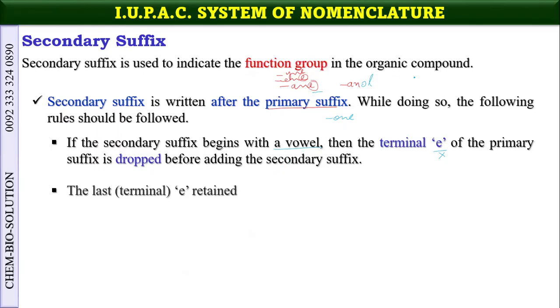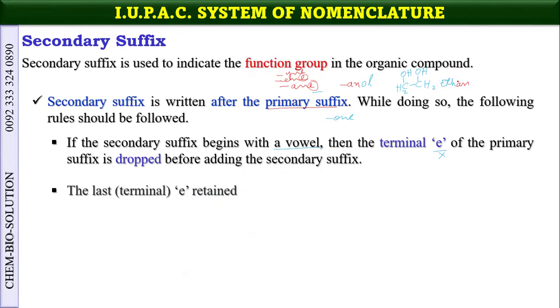Sometimes the terminal E is retained. For example, if there are two OH groups and the compound is this, the name of this compound is ethane, eth because of the 2 carbon atoms, and -ane because a carbon-carbon single bond is there.